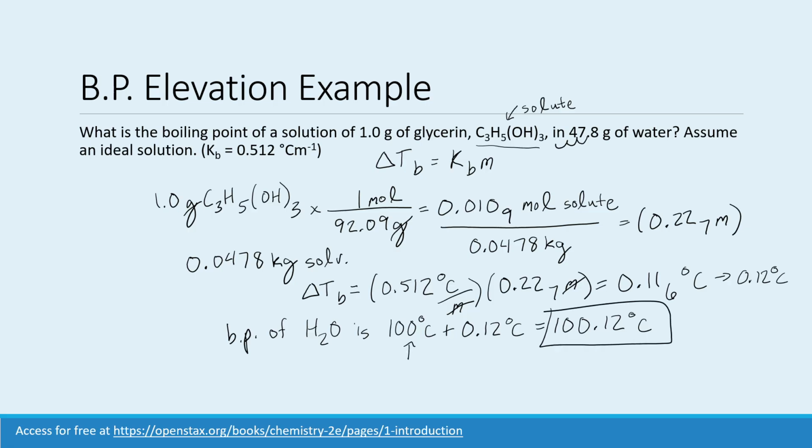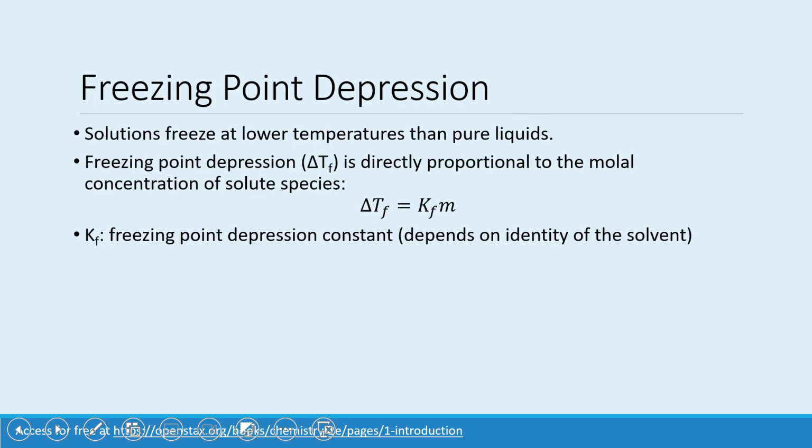Of course, we're assuming that 100 degrees Celsius is an exact number, at least out to two decimal places, right? So that gives us 100.12 degrees Celsius for the new boiling point of the solution.